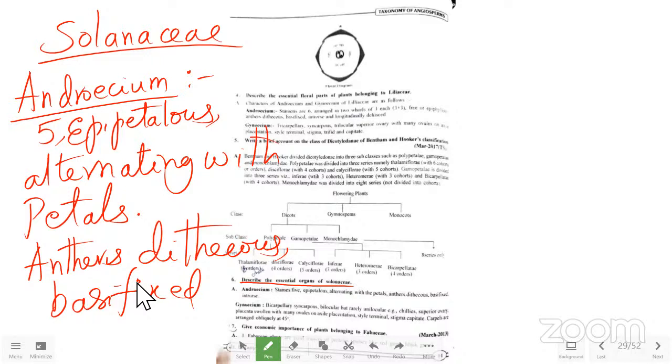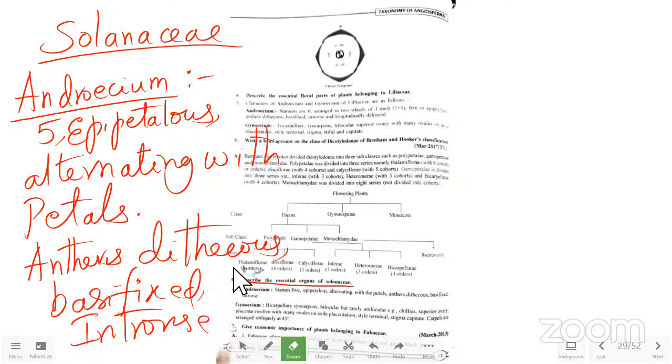Introrse means they dehisce inside the flower. So in the androecium, what we have to write? Stamens are 5 in number, epipetalous. Otherwise, if you don't know that word, you can write the filaments are fused with the petals at their base and alternate with the petals. And the stamens are dithecous, basifixed, introrse. Done. No other point we need to write over here.